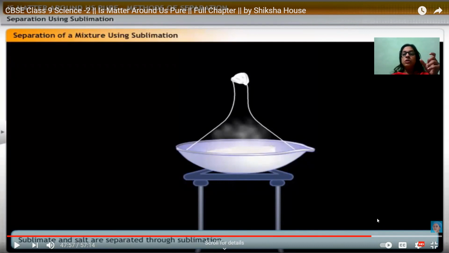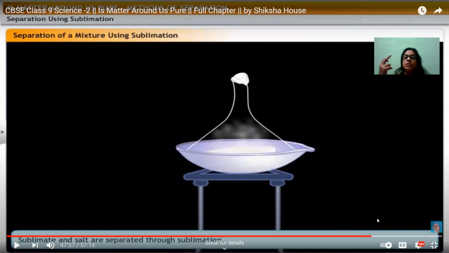After that you take out the funnel and scratch the funnel sides as well as its neck with the help of a glass rod, and collect that ammonium chloride which gets deposited and converted again from fumes to solid when we cool it. वो ठंडा होने पे दोबारा वापस solid form में आ जाएगा. आप उसको एक अलग china dish में या watch glass में we can collect it by scratching the sides of the funnel with the help of a glass rod, and in the china dish the salt is left.